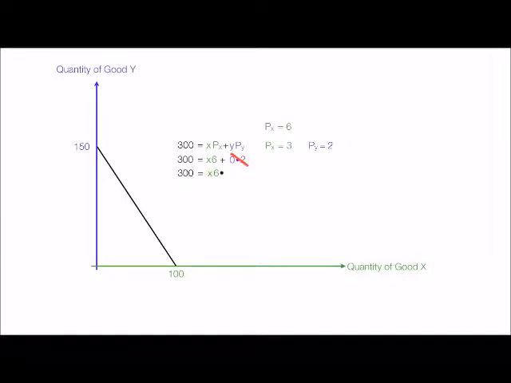I'm going to solve for x, so I have 300 is equal to x times 6. So I multiply both sides of the equation by 1 divided by 6, left and right hand sides. This gives me x is equal to 300 divided by 6, or x is equal to 50. I'll make that green.